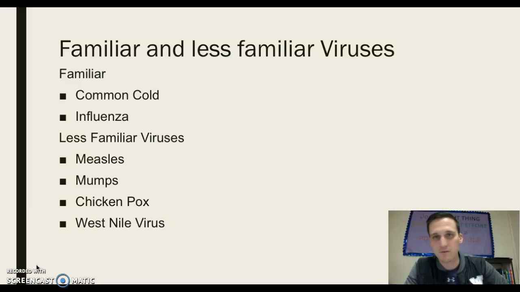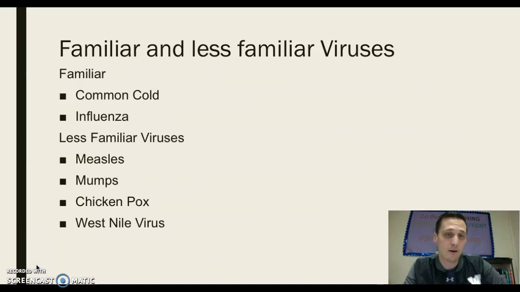Some familiar and less familiar viruses. Familiar ones: the common cold and influenza. There's the flu shot that you can get, and some medications that can help relieve the signs and symptoms of the flu and common cold, but you still have the virus. Less familiar, or maybe just less common, viruses: measles, mumps, chickenpox, West Nile virus.